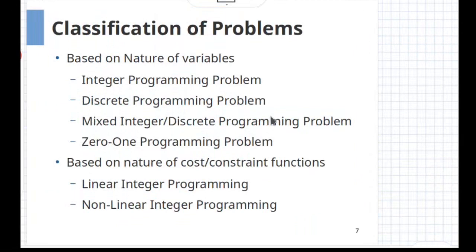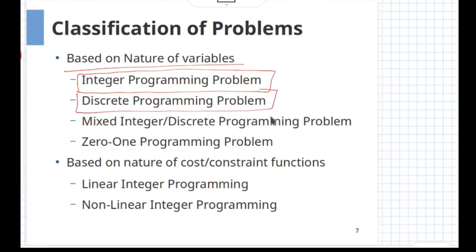So as we have discussed, based on the nature of variables, we can classify the problems as integer programming problems, where all variables are integers, or discrete programming problems, where maybe section tags or wire sizes, you have a discrete set of options available in order to define the solution.